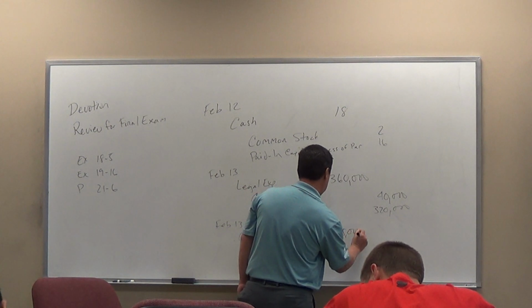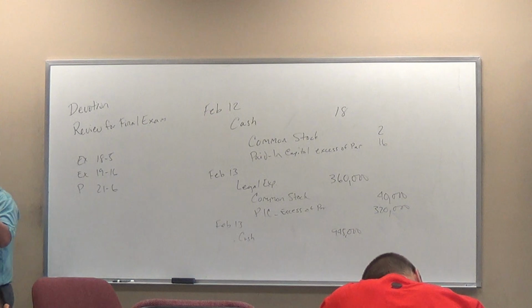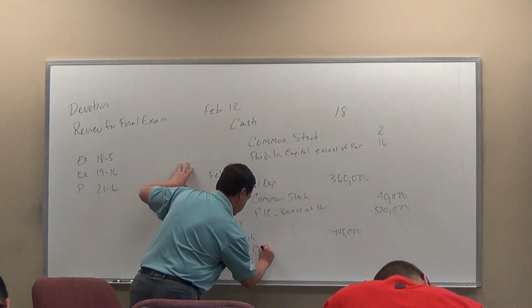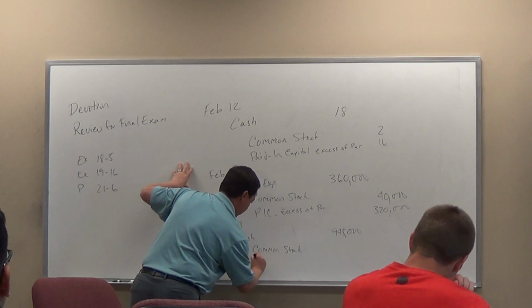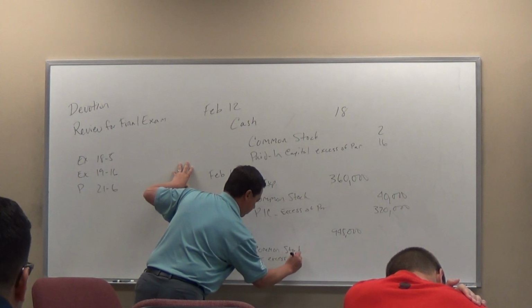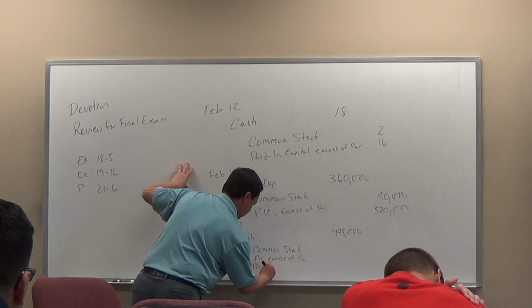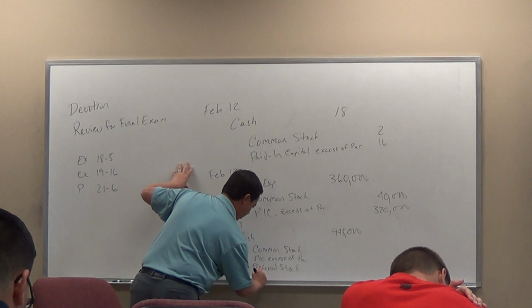That's the cash that we're getting in. Then figure out the common stock and the PIC for the common stock, and then you have your preferred and the additional PIC for that one.